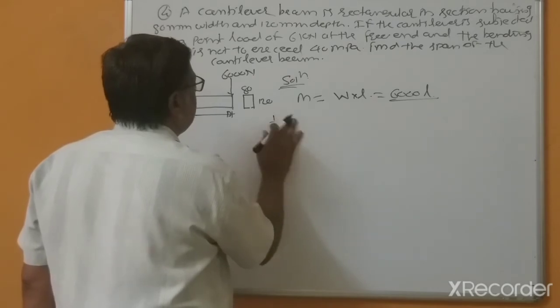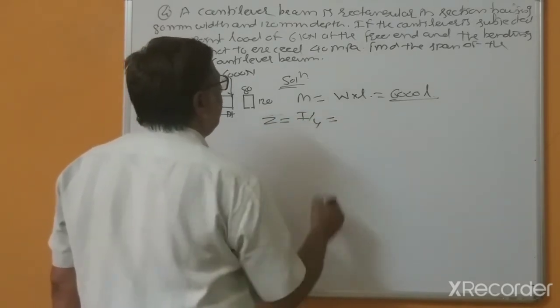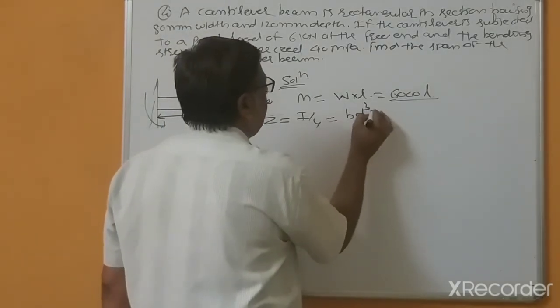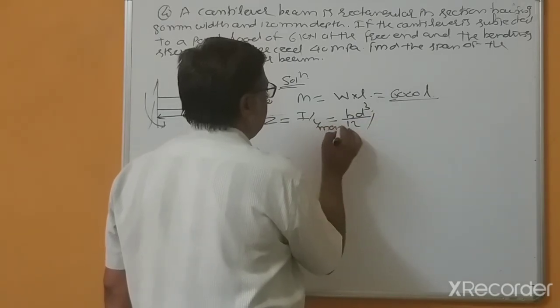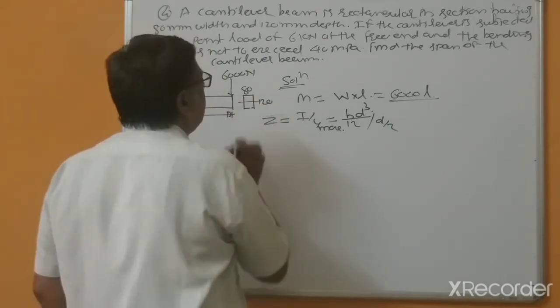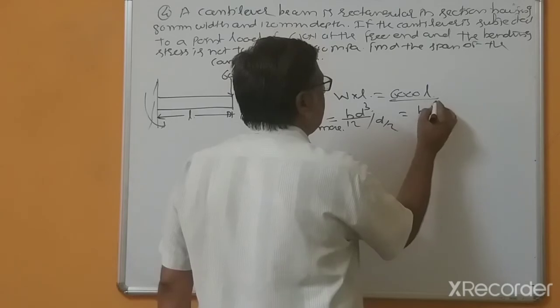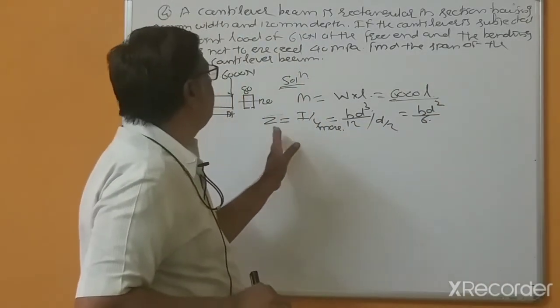Section modulus is I divided by Y. So I equal to BD cube divided by 12 and Y max is D by 2. So that's why this is BD square divided by 6. So use the direct formula.